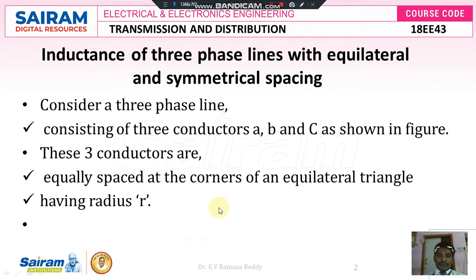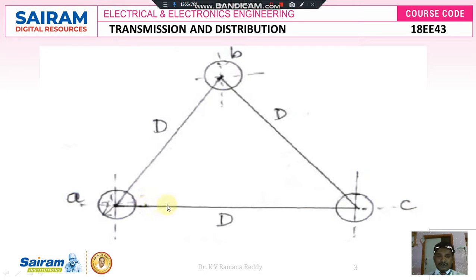In that shape, these three conductors are placed, each having a radius r. If you look here, a radius r runs from the center strand of the conductor to its surface. So if you take any side, it has a radius r. Radius r is equal to the total diameter of the conductor, small d, divided by 2.